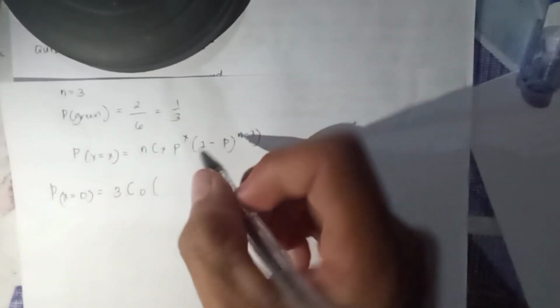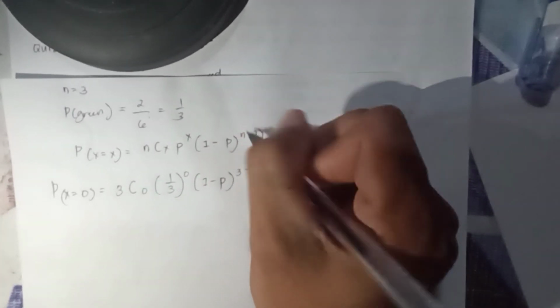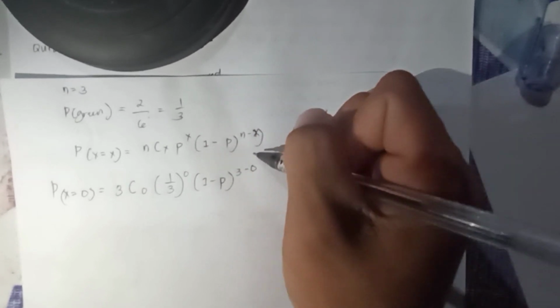Then from x equals 0, your n here would be 3, the combination 3 choose 0, then multiply by your p, which is 1/3, raised to x, which is 0, then 1 minus p raised to 3 minus x, which is 0. Then after manipulating all of this, you get 8 over 27. That will be your x equals 0.